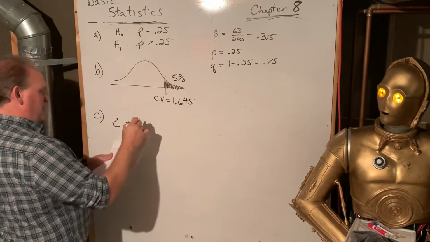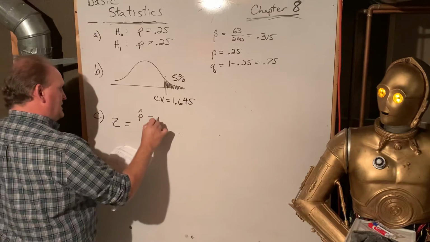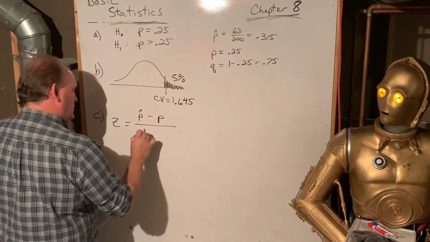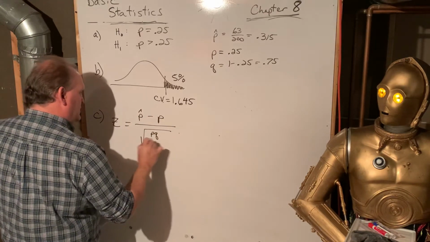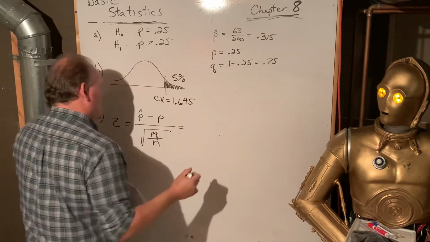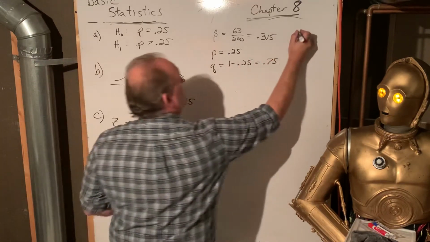So we need P and Q to do our Z value, which is P hat minus P over the square root of PQ divided by N. N was 200.